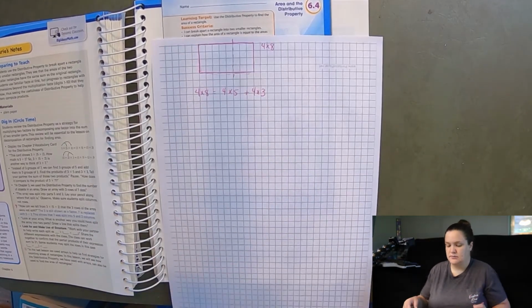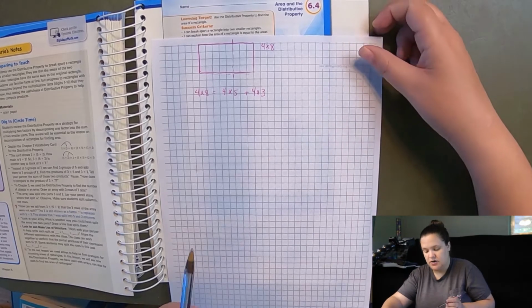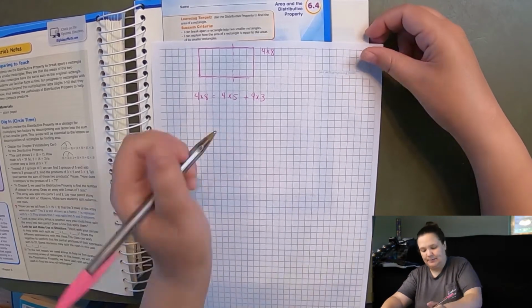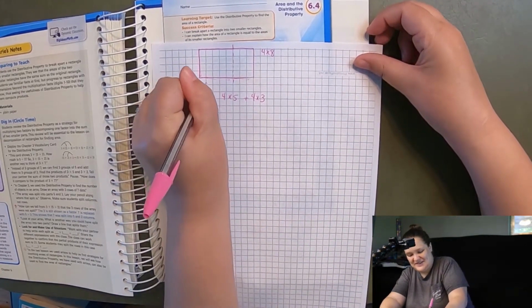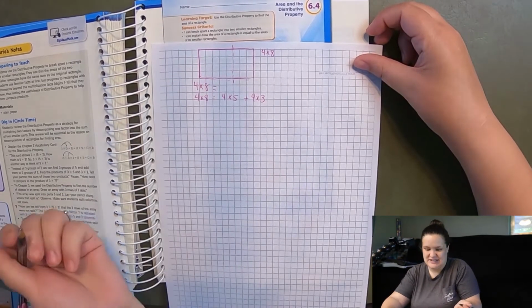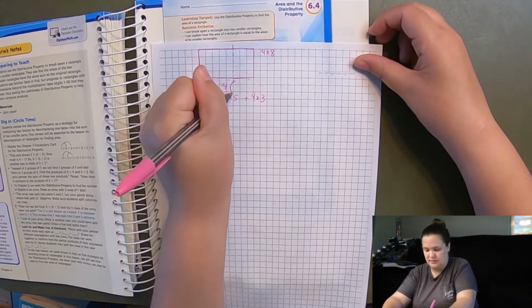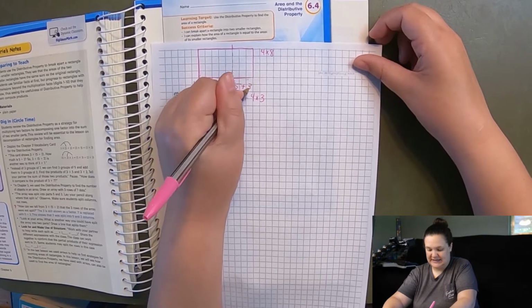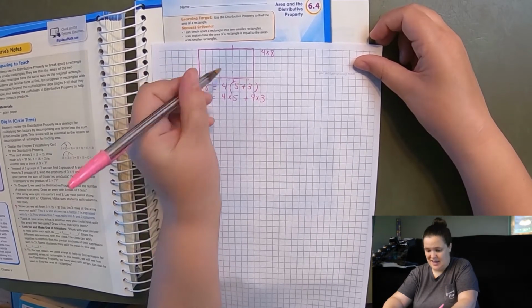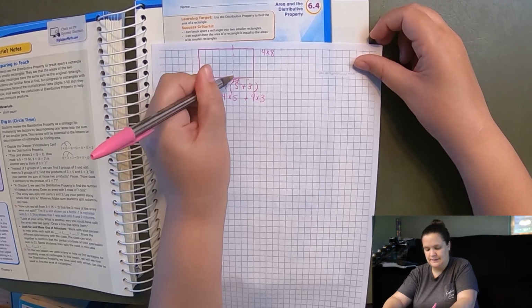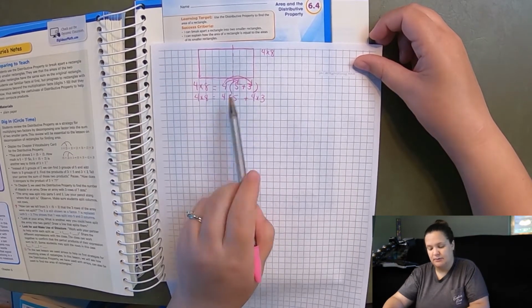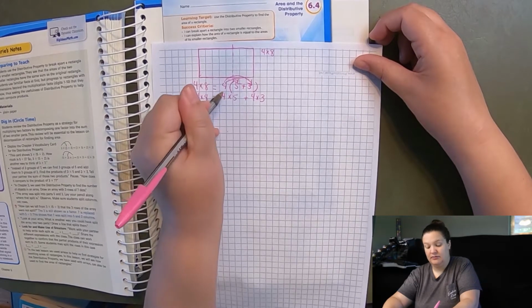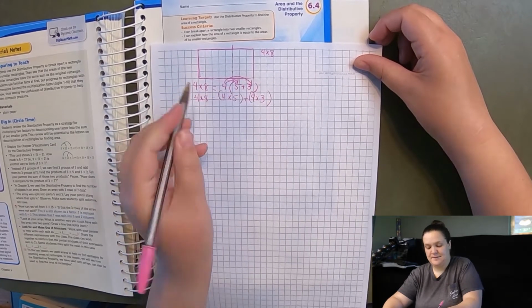All right, I skipped a step. 4 times 8 equals 4 times this 5 plus this 3. Then you distribute that 4 to both numbers. So you have 4 times 5 plus 4 times 3.